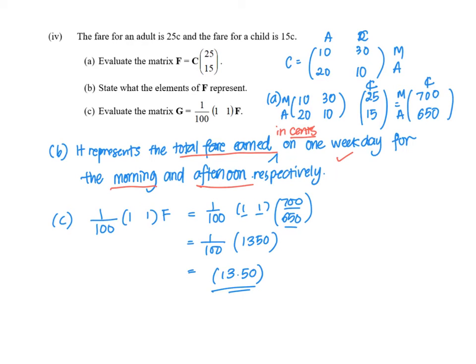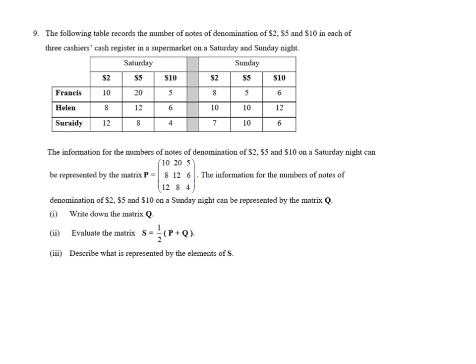Have you gotten your answer? Question number 9. The following table records the number of notes of denomination of $2, $5, and $10 in each of the 3 cashiers' cash register. So we have Saturday and Sunday night as well. The information for all these denominations on a Saturday night is given as follows.